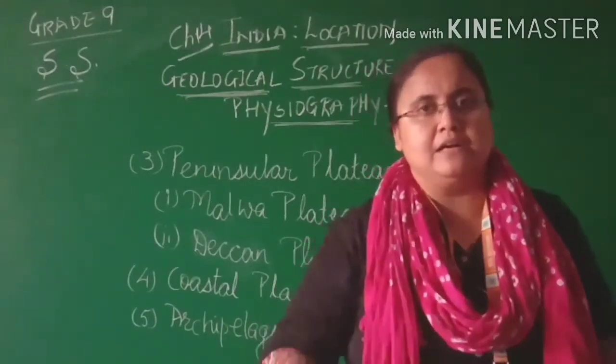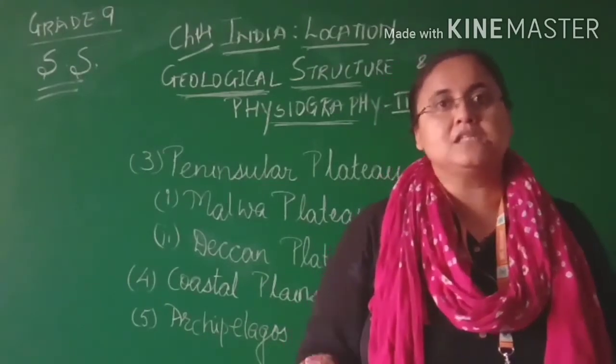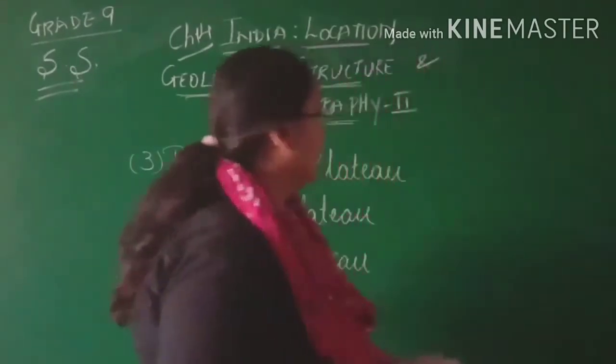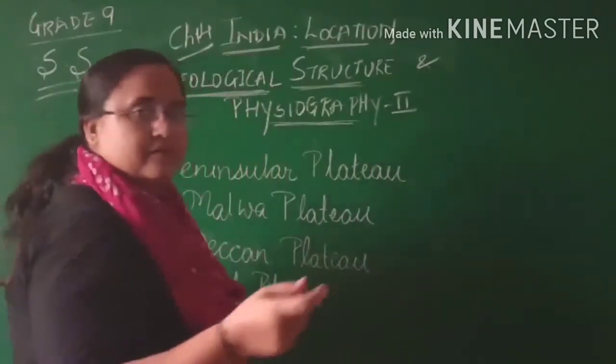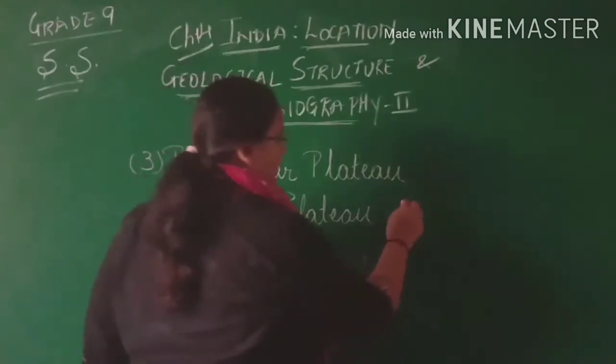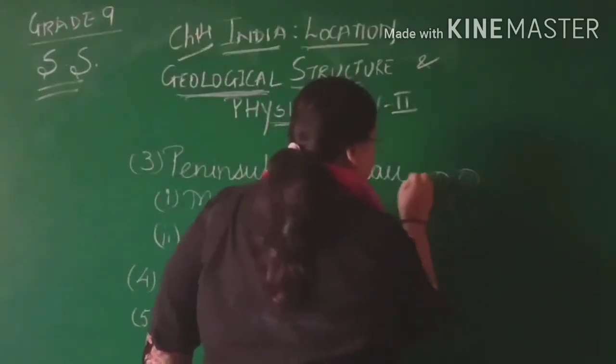First of all, before we continue with this, let me revise one important point, that is, what is the meaning of plateau. In the previous video, with the help of a diagram, I showed you the difference between the mountain and plateau. When we have mountainous ranges like this, the topmost portion we are supposed to observe.